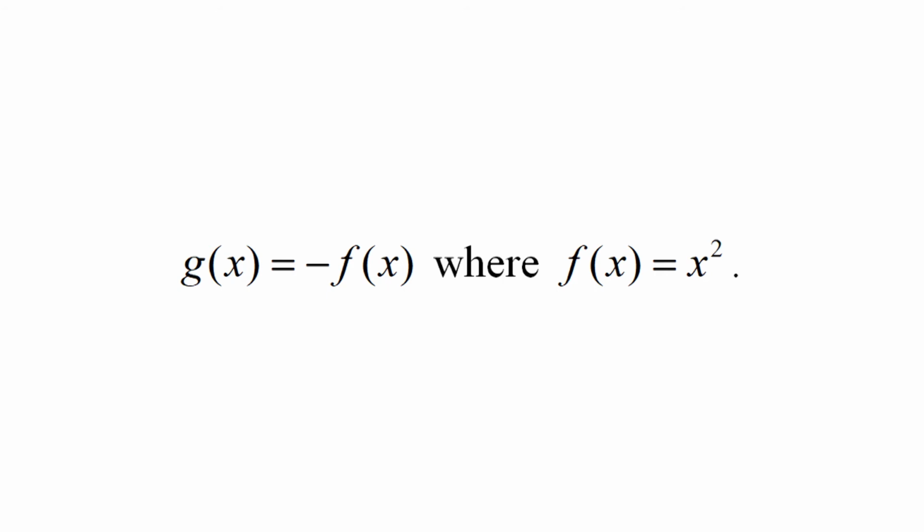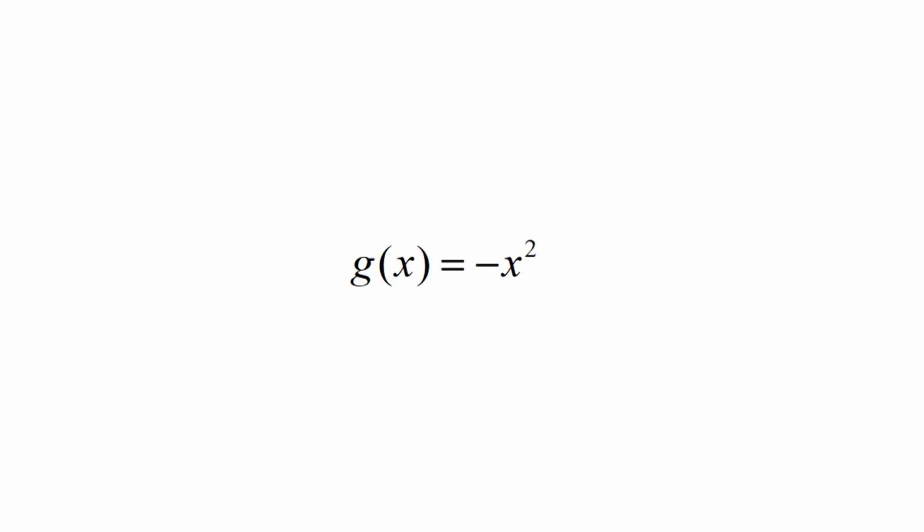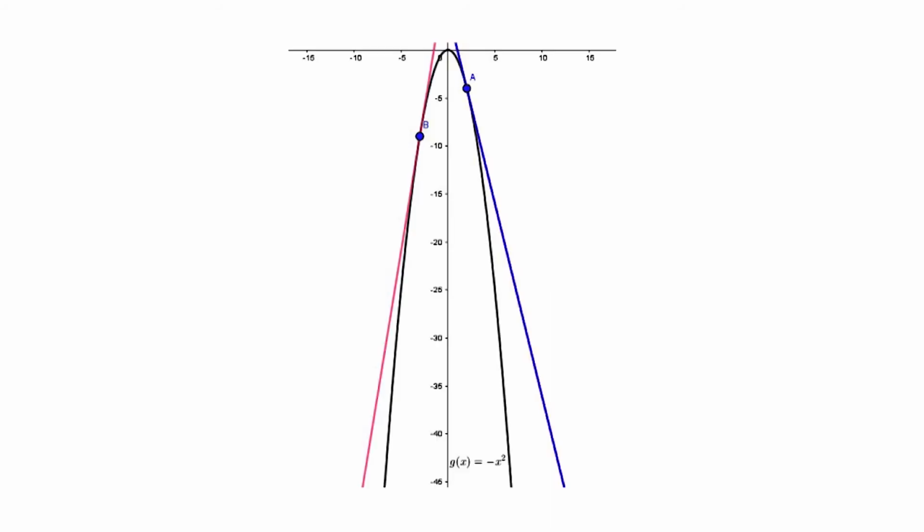So, we expect the concave down behavior for g of x equal to minus x square. This is so, as by the second derivative test g double dash of x equal to minus 2 is strictly less than 0 for any real value of x.